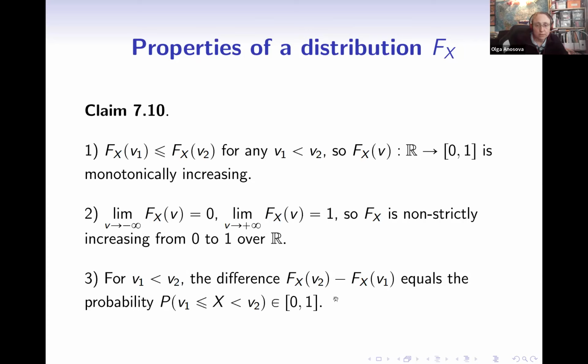And the third important property is the one that we've just discovered, that we can define any probability from any interval from this function. That is why this cumulative distribution function is one of the possibilities to define any random variable or any distribution.